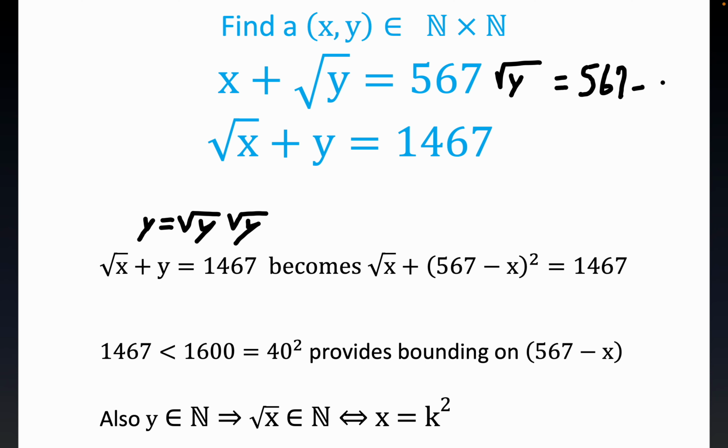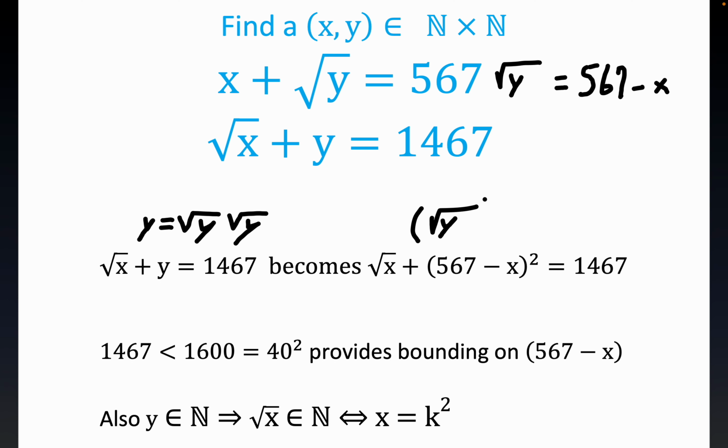Isn't that cool, folks? I love this. I think this is neat. So the square root of y is equal to 567 minus x. This y right here can be written as root y, and there you have it. This is root y squared.